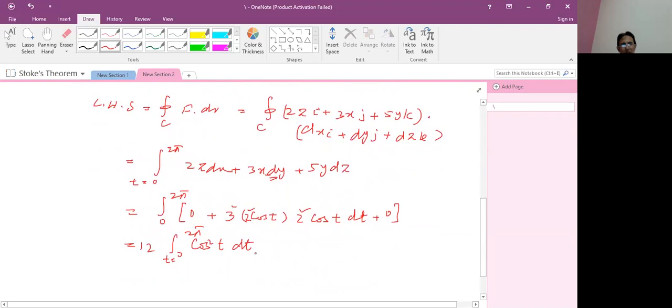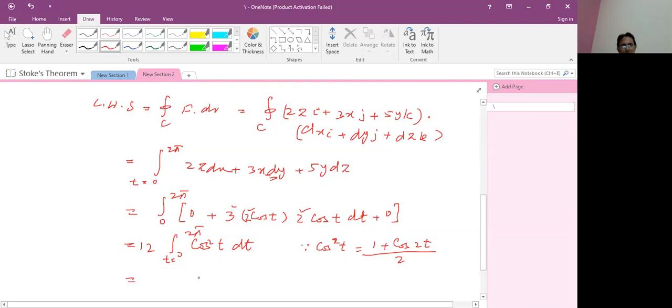Now you know very well, students, cos square t has no direct integral, so we apply a substitution: cos square t is equal to 1 plus cos 2t upon 2.